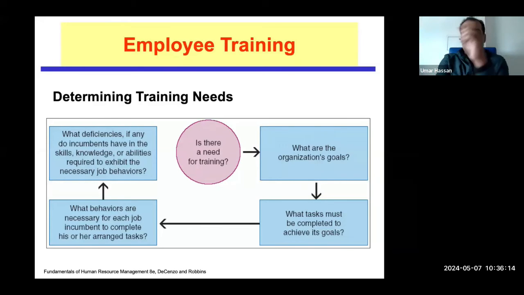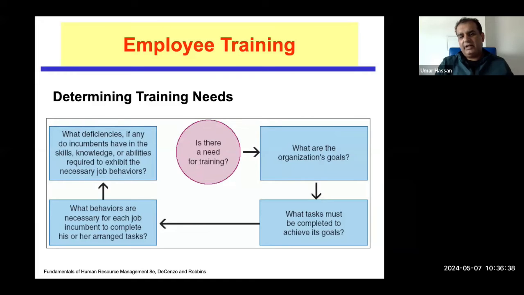Thank you so much. So in order to determine the training needs, firstly, it needs to be understood what the organizational goals are, because all initiatives by the HR department should be aligned with the organizational goals. This is the main context of the strategic nature of HRM.